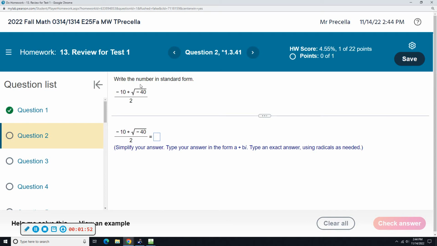Write in standard form. This is number 2. Negative 10 plus the square root of negative 40, all over 2. Make sure I didn't miscopy that. Negative 10, yes.